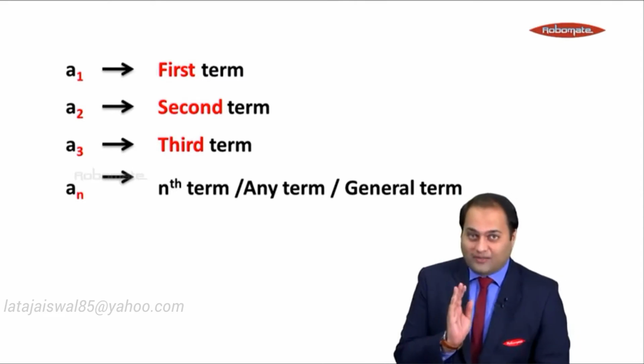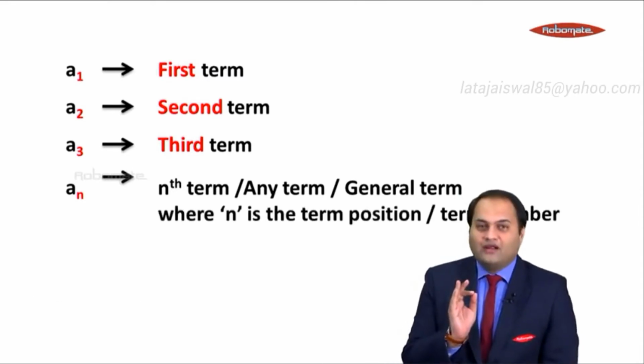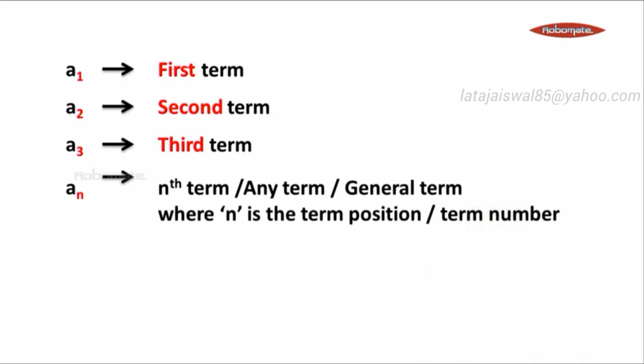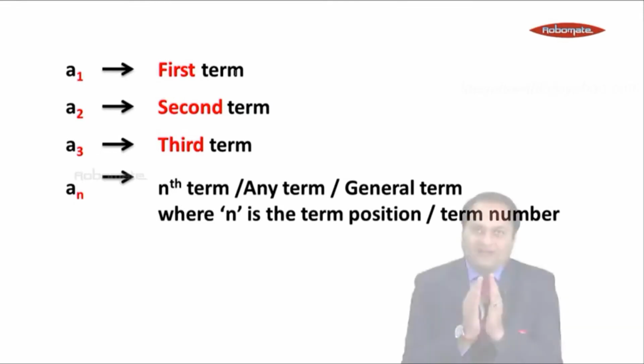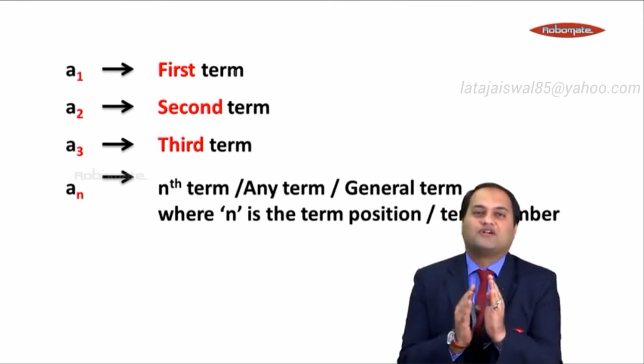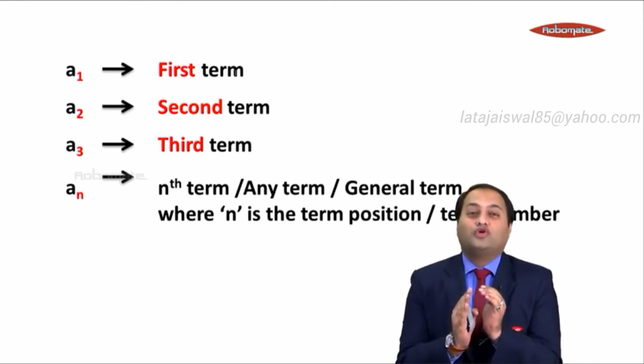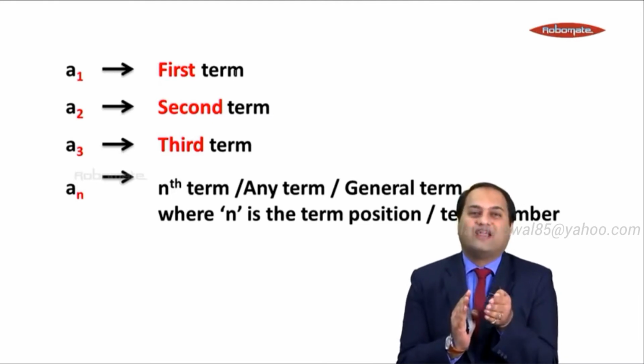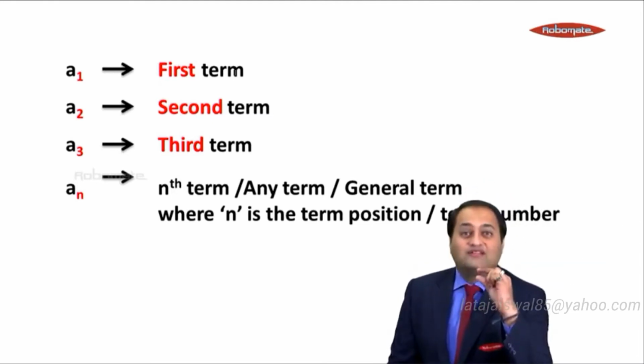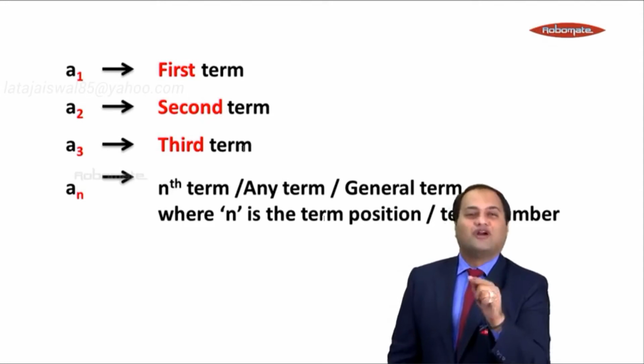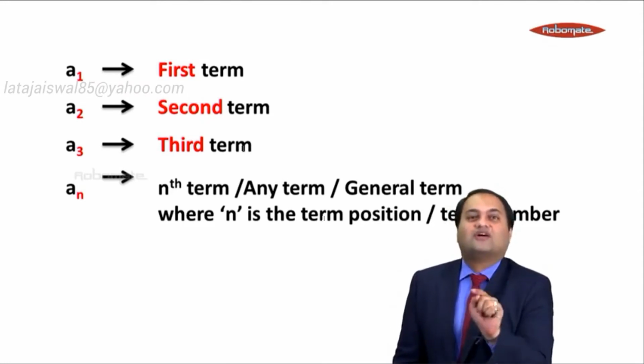Very important concept, right? So what is n here? N here is nothing but the term position or the term number. As I said, when n is equal to 1, it becomes the first term. When n is equal to 2, it becomes the second term. So n defines the position of that particular term in that AP, or it is a term number.